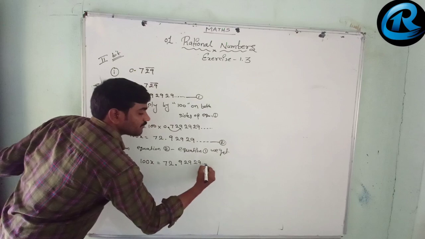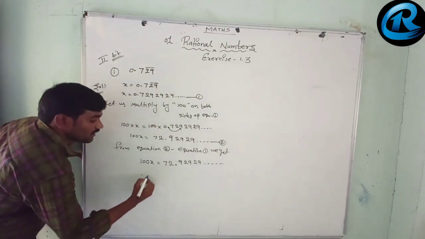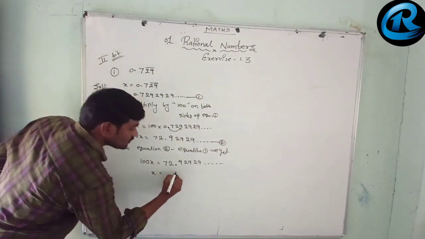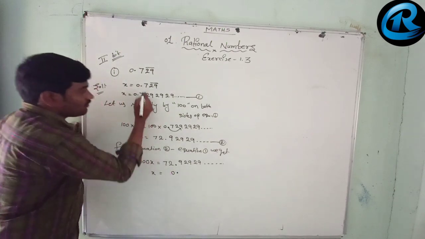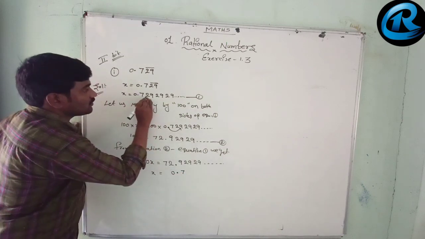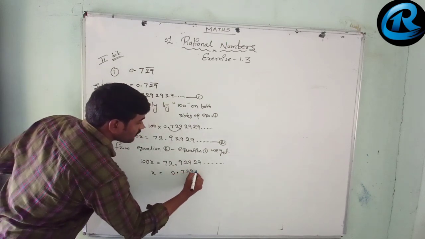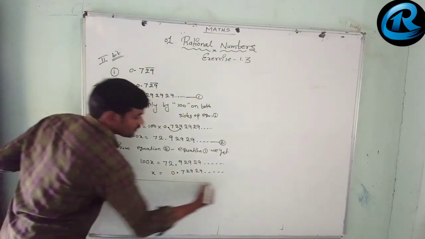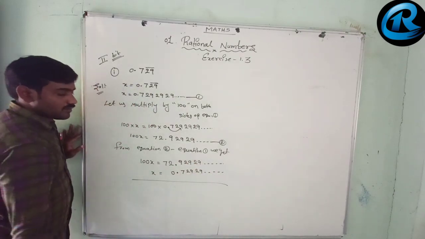It repeats again. We have to make sure the repeating parts line up equally. 1x equal to equation number 1, which is: here the point is 0, the digit before that is 0, next you write 7, then 29. 29 is enough. Are they equal now? Yes. Remember 72929.